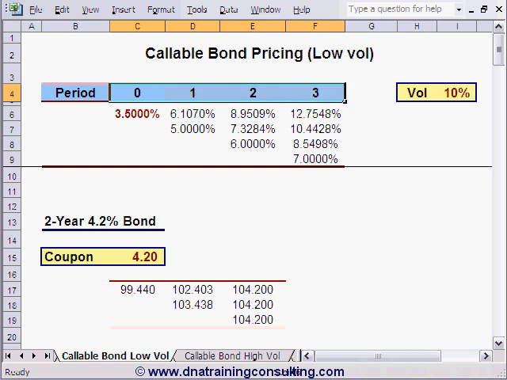Starting on this row 4, you see a tree which displays a binomial process for this 1-year rate, shown to be 3.5% initially in cell C6, and then migrating, as it were, towards one of two values a year later, appearing in cells D6 and D7, respectively, which we can think of in a general sense as the high and low values to which the 1-year zero rate might migrate over the next year.